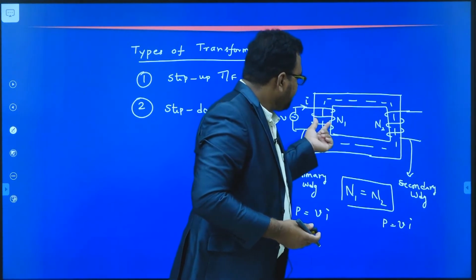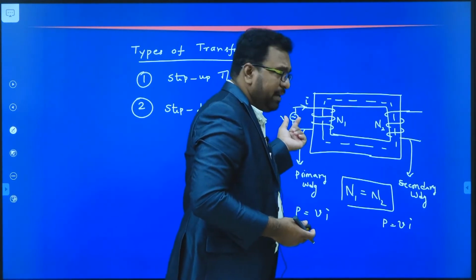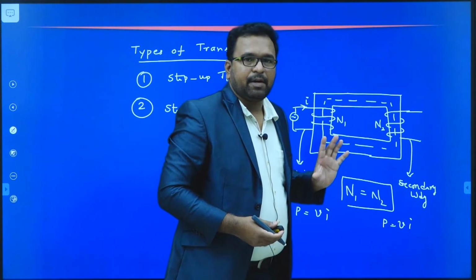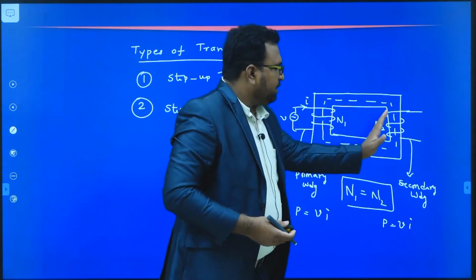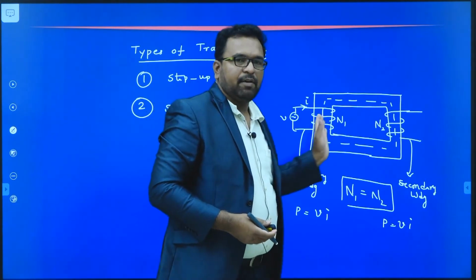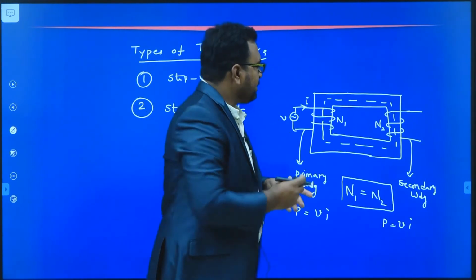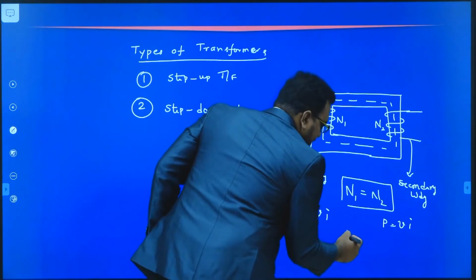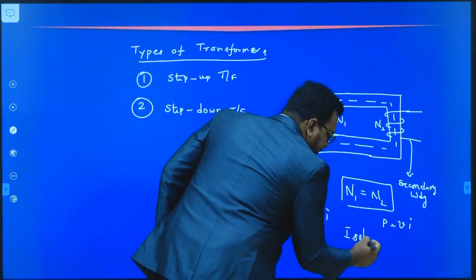So whatever voltage is supplied here, the same voltage will be induced in the secondary winding. That means the voltage is not going to decrease or increase. The same level of voltage or current will appear across both the windings. Such types of transformers we call isolation transformers.